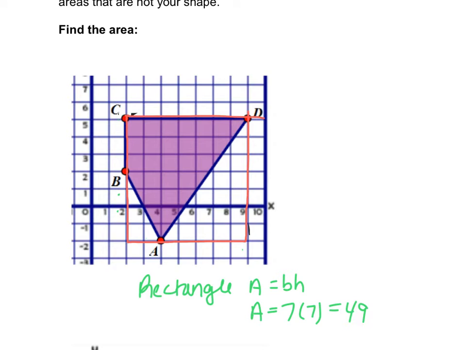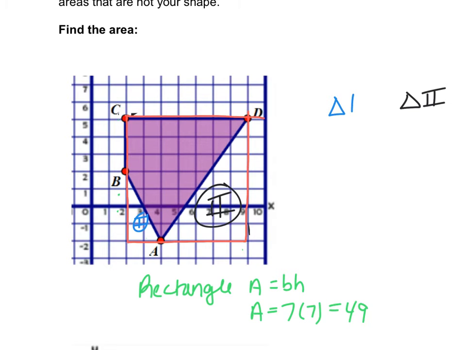What I now need to do is find the area of this triangle and this triangle. We know that the area of a triangle is base times height over 2, so I'm going to write that down. We're going to need to find the area of triangle 1, which is in blue, and triangle 2, which is in black.